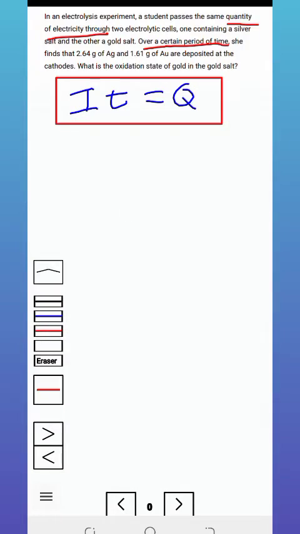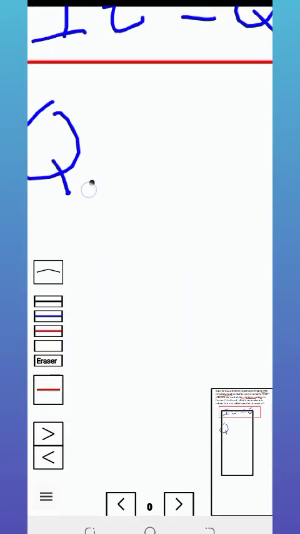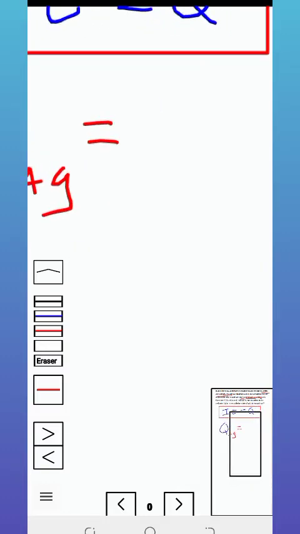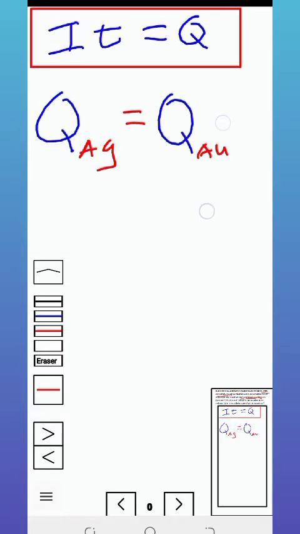So having that, what should we think of? Let's say Q in the case of Ag is equal to Q in the case of Au. Basically this is what they mean. So having said this, what is Q?